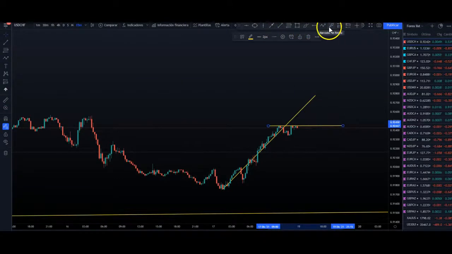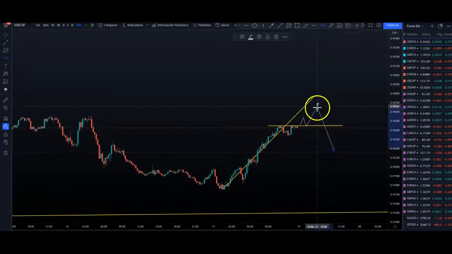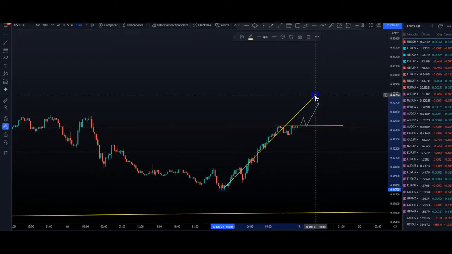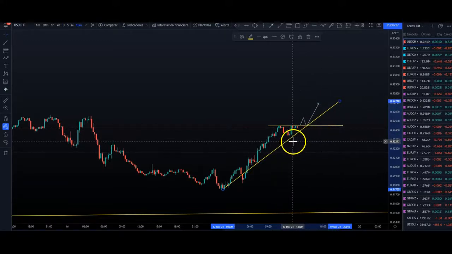Let's say this thing breaks, just as an example, and now we have the price right here. Then I will move my trend line to the previous recent low of that trend line, and that will be my new trend line right there.